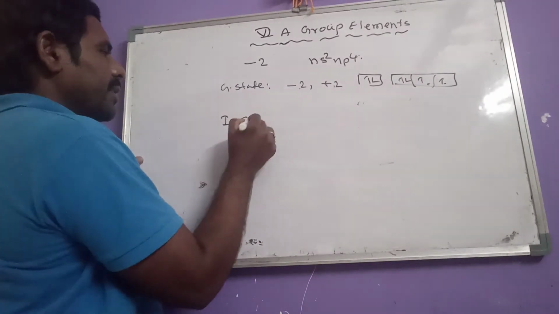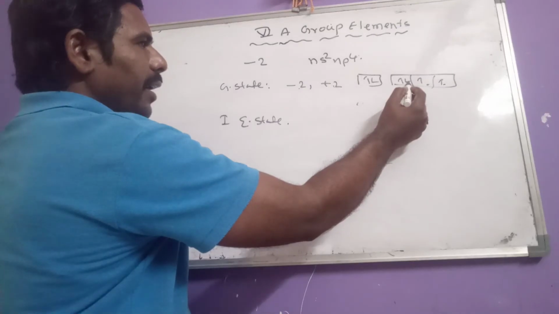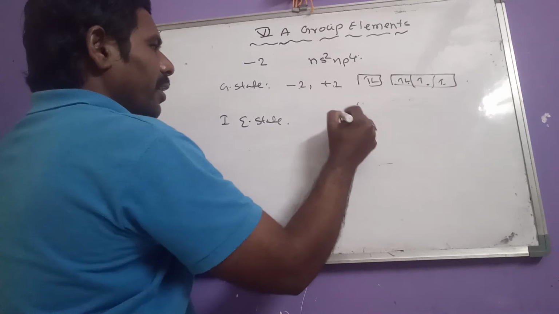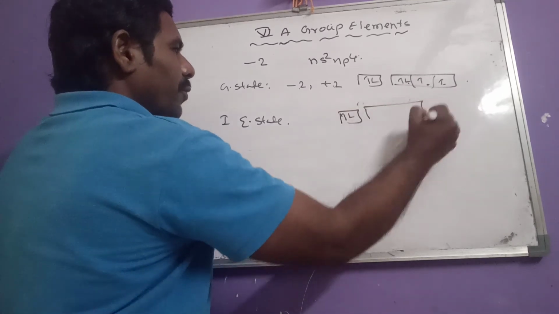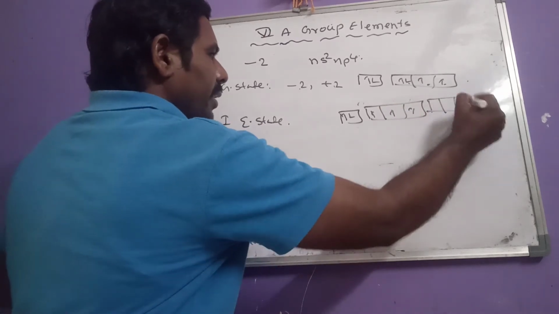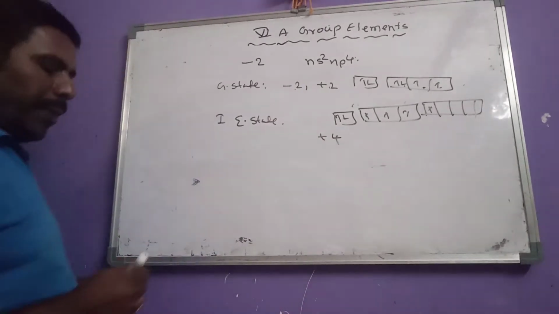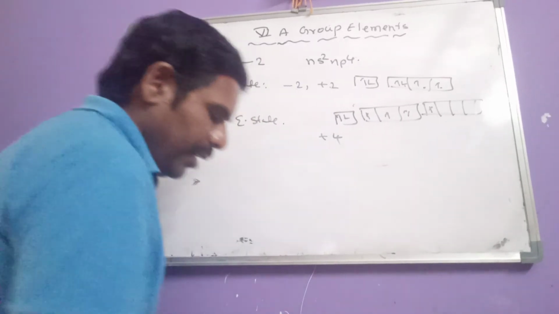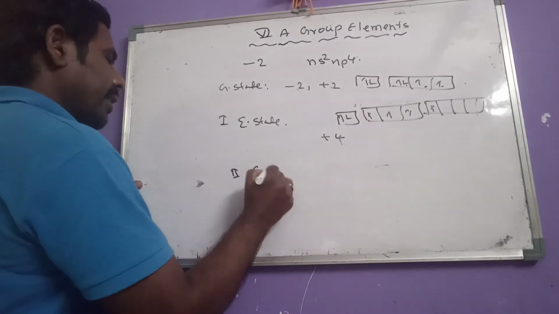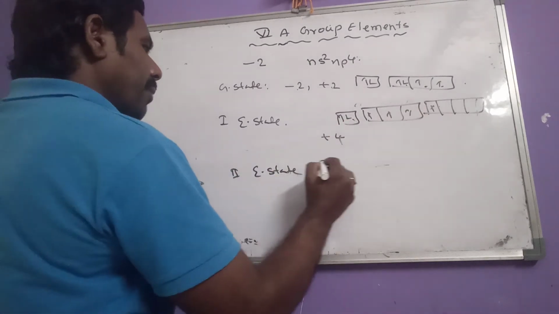In first excited state, this p orbital electron is excited into d orbital. Now due to the presence of 4 unpaired electrons in this first excited state, this can exhibit +4 oxidation number. Now let us see the second excited state. In second excited state, this s orbital electron also is excited into d orbital.